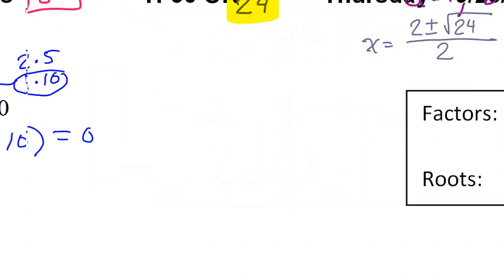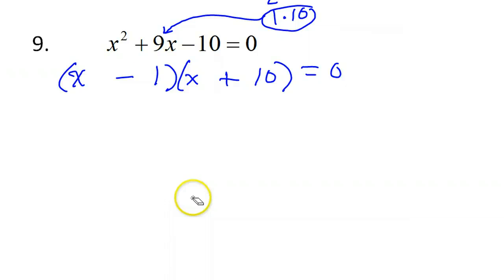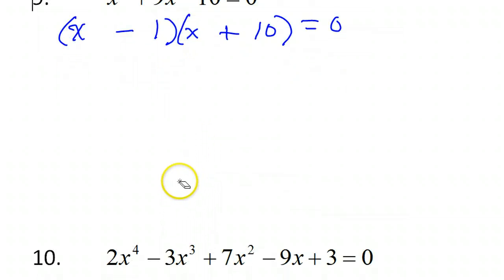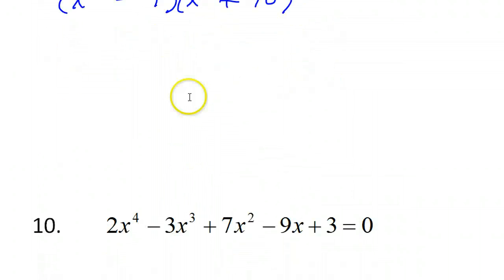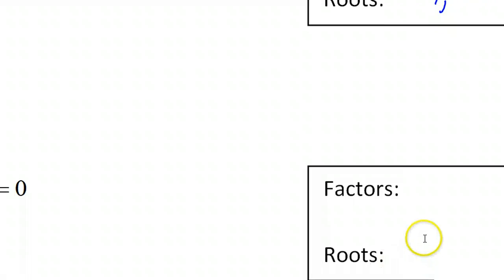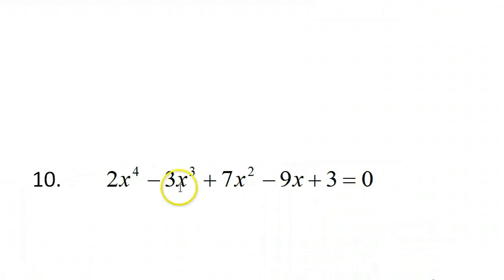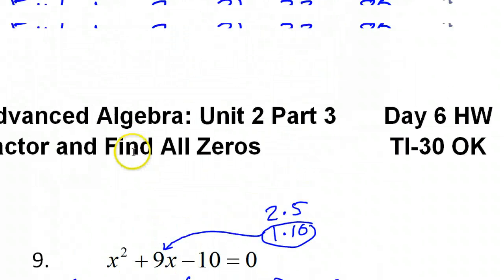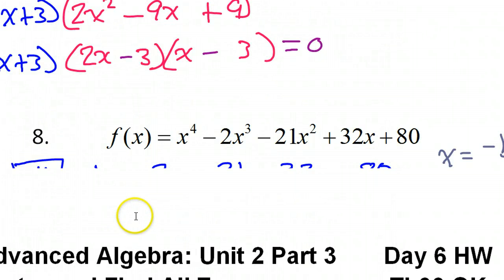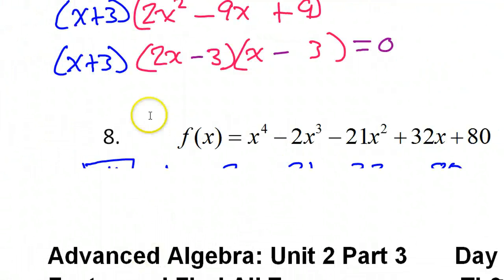And there they are. Okay, by the way, the difference between zeros and roots. Equations have roots. So see the equal sign, equals 0. So that's why I wrote roots for number 10 and for number 9. Functions, on the other hand, have zeros.